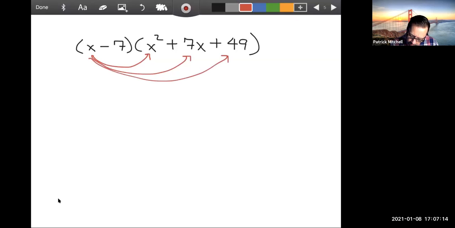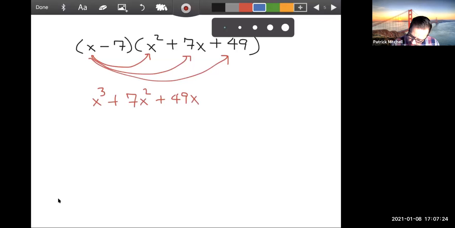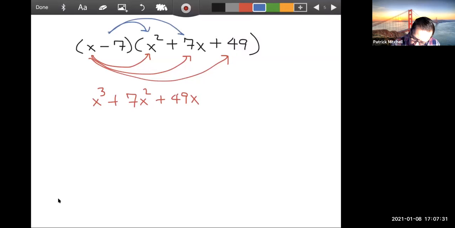So that would give you x cubed plus 7x squared plus 49x. And then distribute the -7. So that would give you minus 7x squared.